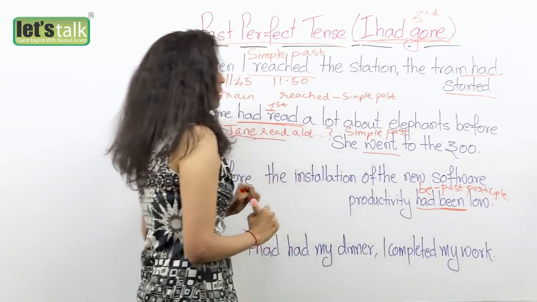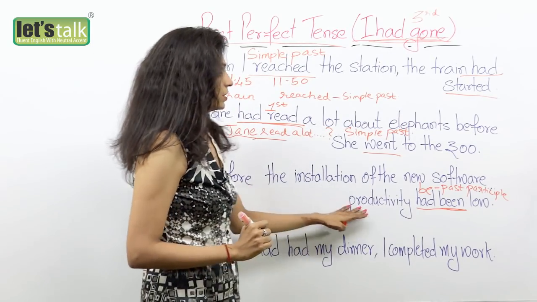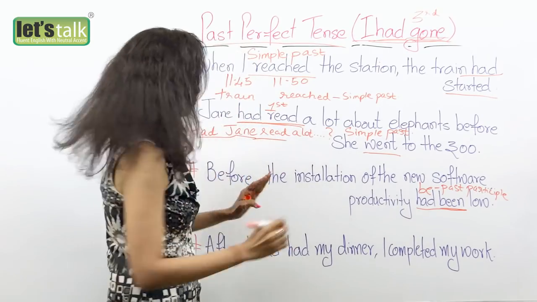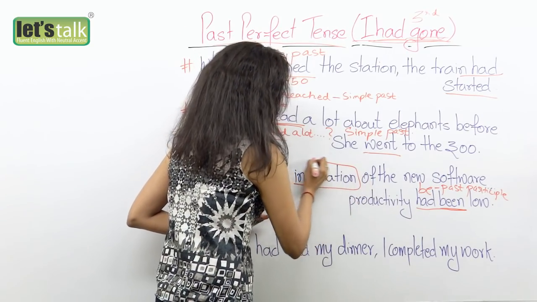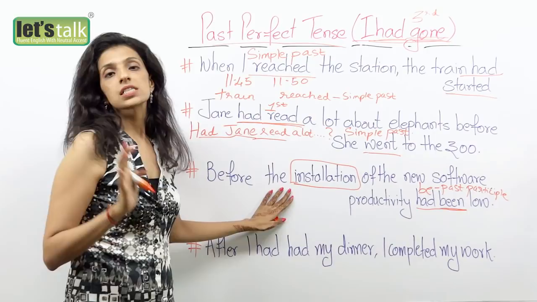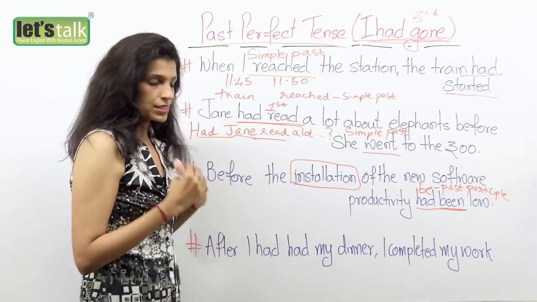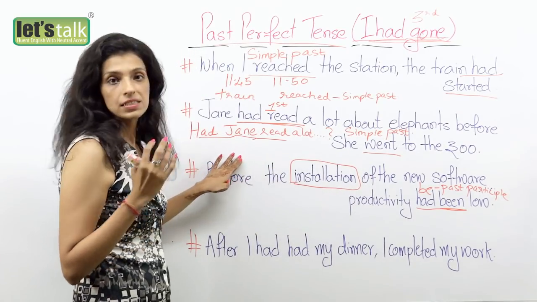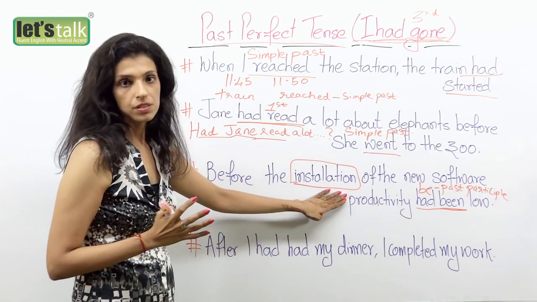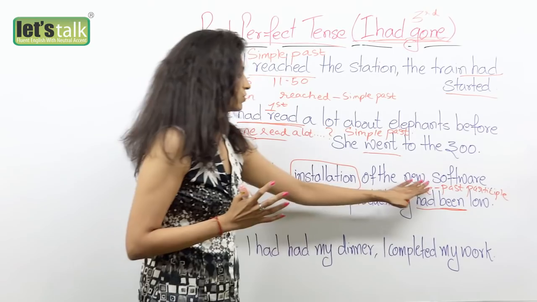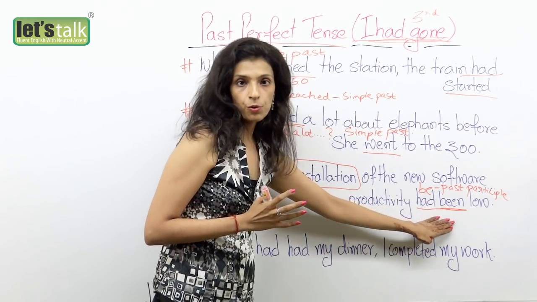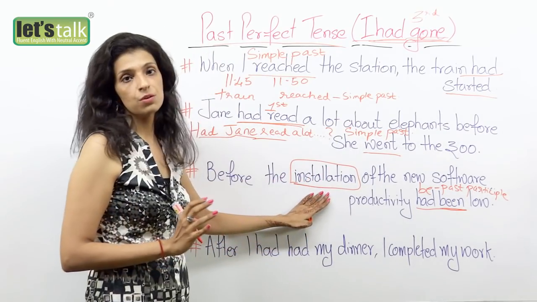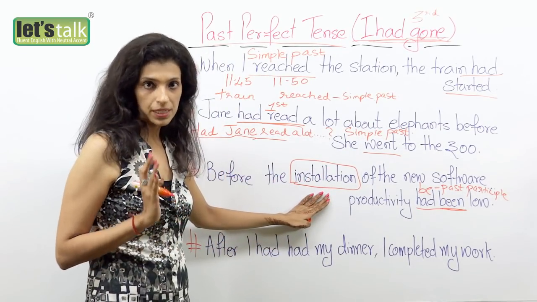So first the productivity had been low, and the recent thing that happened was the installation. We have not used a simple past tense to denote that there was an action that happened later on, but this is what happened, a recent event, the installation. So before the installation of the new software, productivity had been low. First the productivity had been low, and then there was an installation that took place.